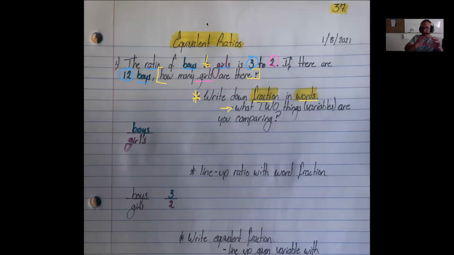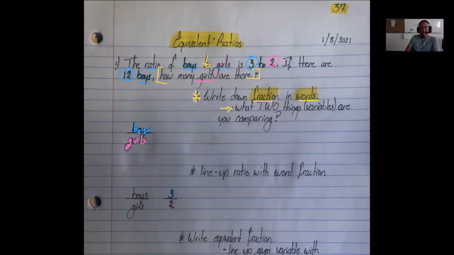Typically, we just want to write them down in the same order that we saw them in the passage. So here we're going to write boys to girls, and I'm going to write it as a word fraction, or a fraction in words. So boys over girls. If they had said girls to boys, then I would put girls first, but it's boys to girls.